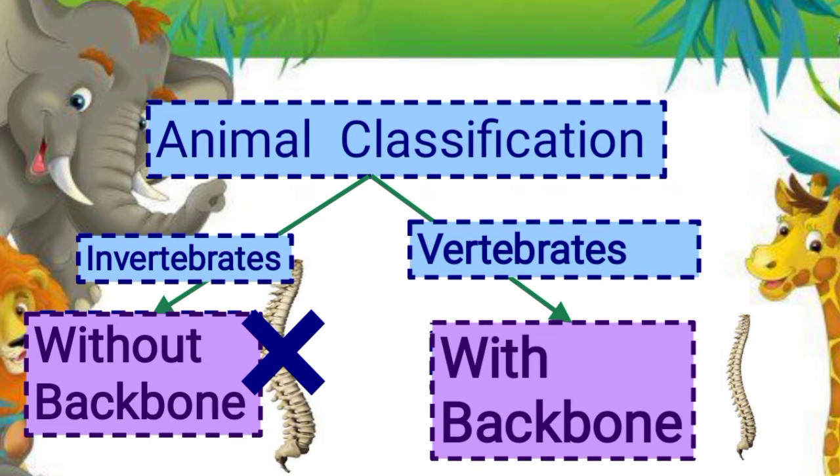Now let's understand animal classification on the absence or presence of a backbone. So, humans like you can move because your body is supported by an internal skeleton, which works as a support structure for your body.